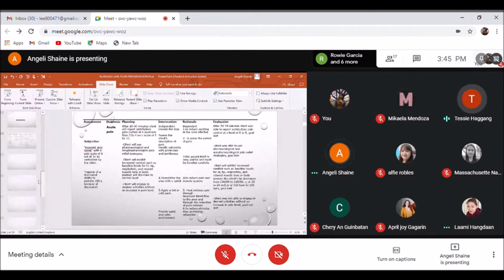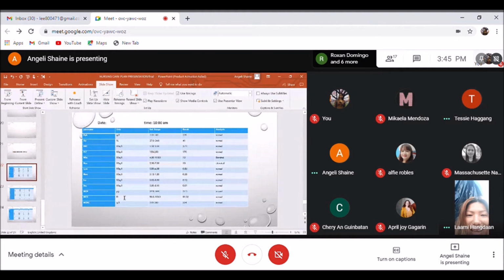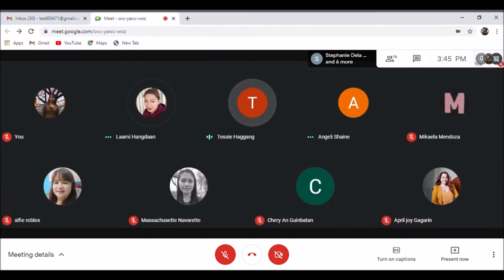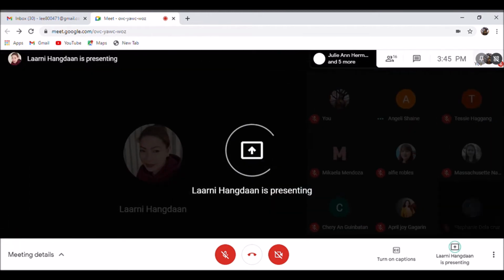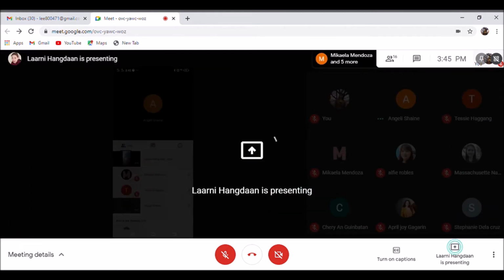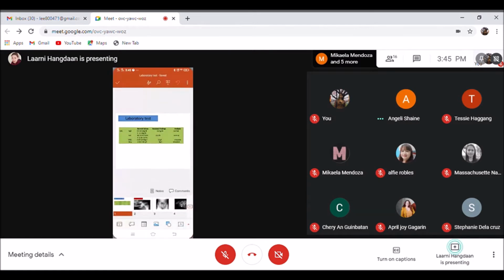Yung kay La-Arnie kasi na-submit ba niya yung ano? Hindi. Yung sa'yo lang. Alis lang muna ako? Yung kay La-Arnie na lang. Sige. Tinanggal ko na. Meron na.